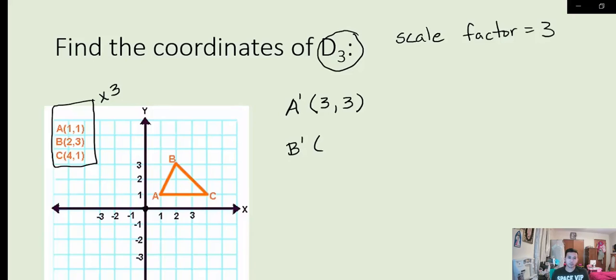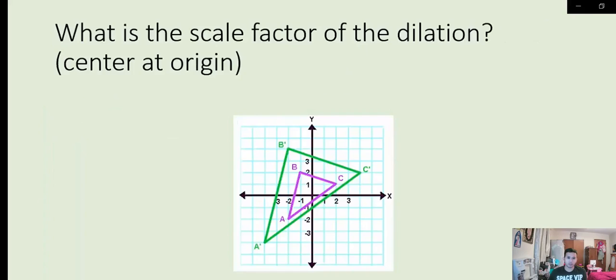Your B prime is 2, 3, that will be 6, 9, and then C prime will be 4, 1, which is 12, 3. So you just multiply the ordered pairs that you have, and then you can graph. I know that you have the idea on graphing already.